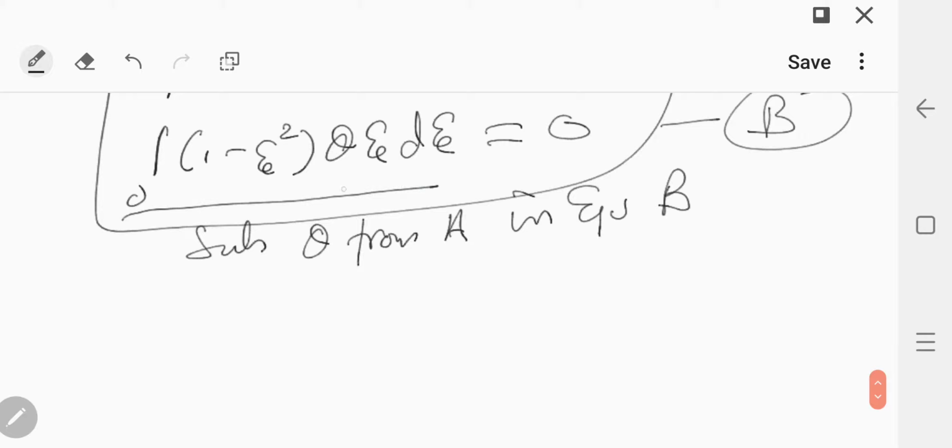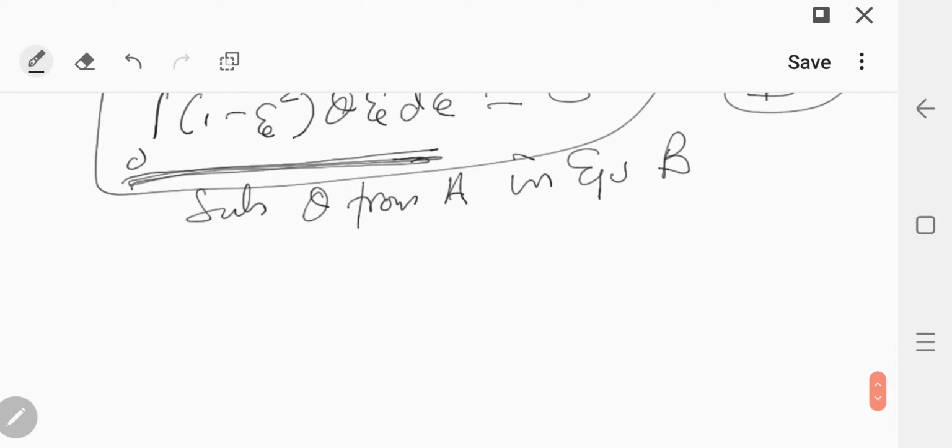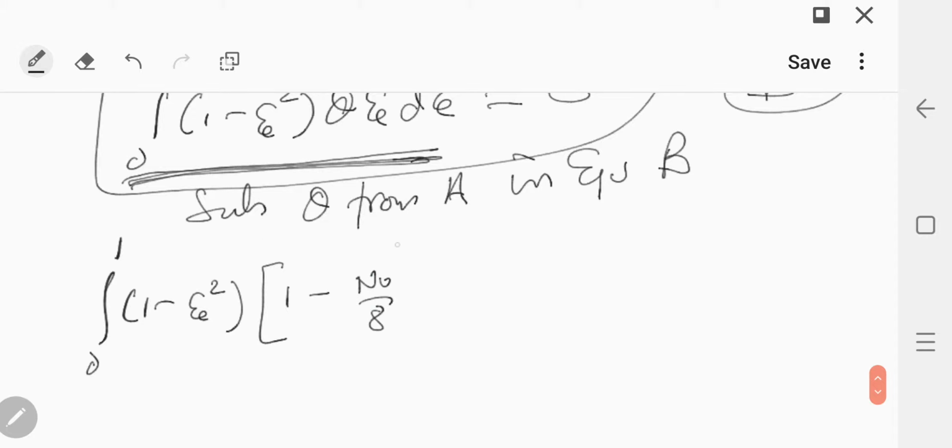We'll have this expression in terms of Nusselt number equal to 0. So let's replace theta. So integral 0 to 1, 1 minus zeta square into 1 minus Nusselt number by 8. I'm basically substituting the value of theta first.